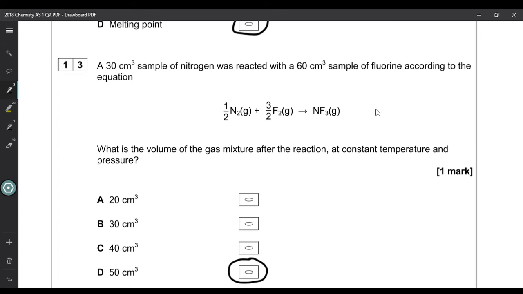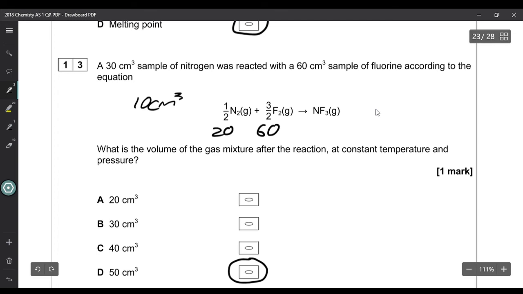So if we have 60 cubic centimetres of fluorine, then that's going to react with a third of 60, which is just 20 cubic centimetres of nitrogen. So you're going to have 10 cubic centimetres of nitrogen left over. Now for every 1 mole of N2, you're going to have 2 moles of NF3 produced, because it's a 1 to 2 ratio.